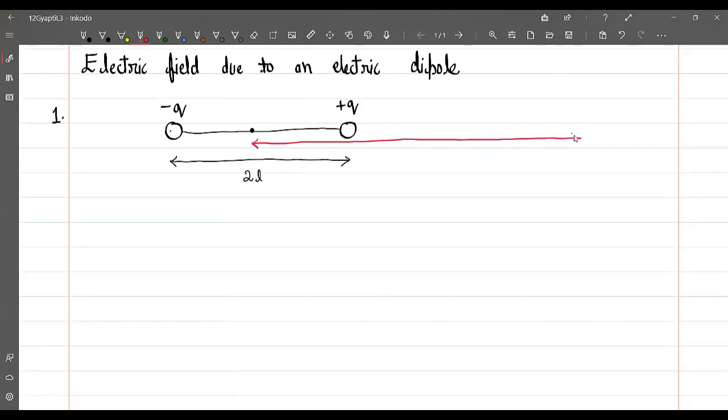Let us say from the center of the electric dipole, the point where we want to calculate electric field is x distance away. So this distance is x, and at this point we want to calculate the net electric field.